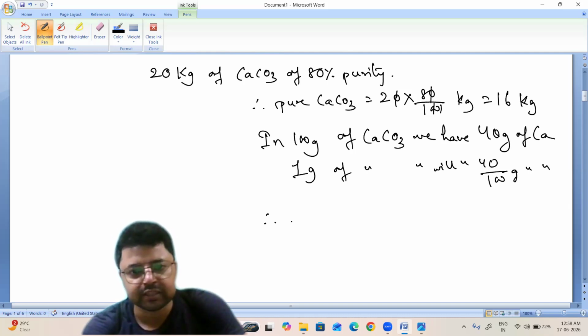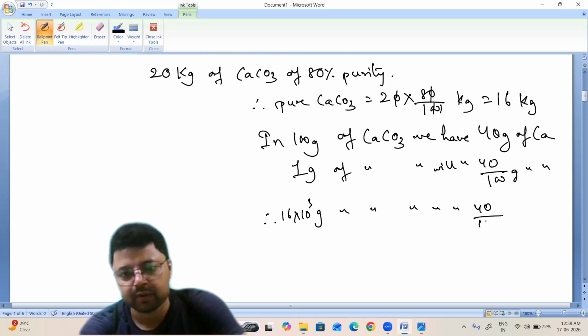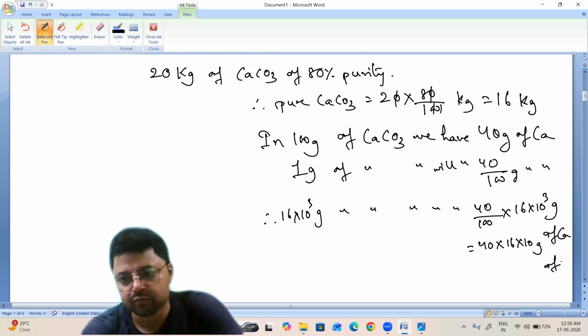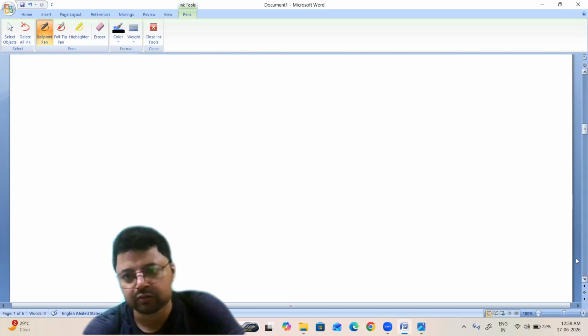Therefore, for 16 kg, meaning 16 times 10 to the power 3 grams of calcium carbonate, we will have 40 divided by 100 times 16 times 10 to the power 3 grams of calcium. From here, you will get 40 times 16 times 10 grams of calcium.